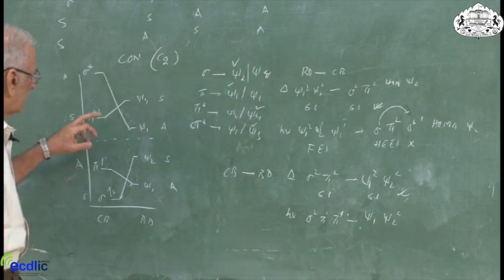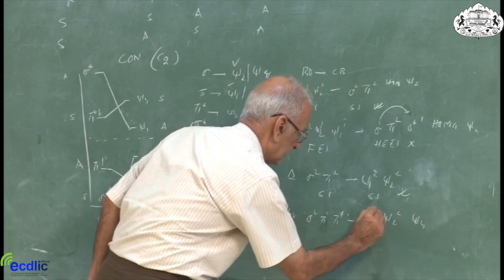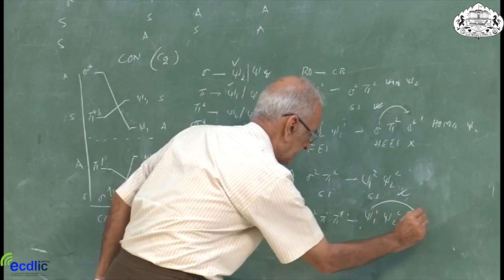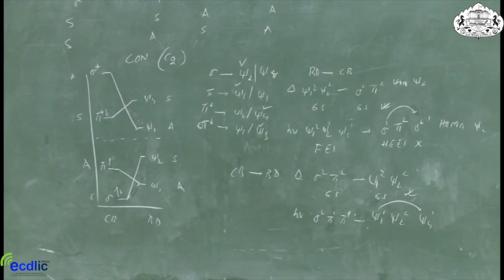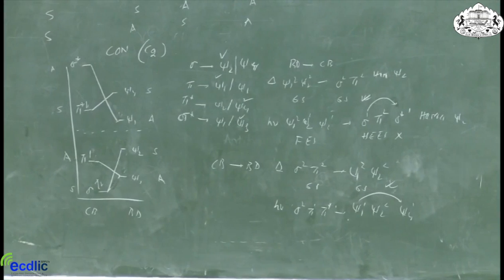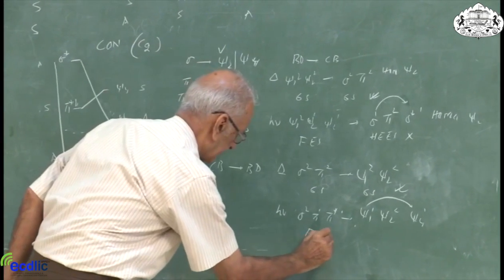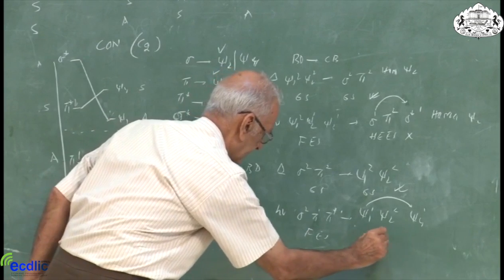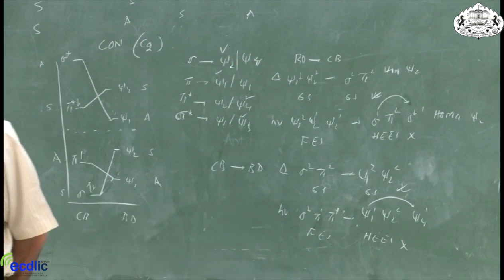And pi star 1 electron will go into psi 4. It is exciting psi 1 electron into psi 4. So, it is a high energy excited state. First excited state is high energy excited state. Therefore, reaction is disallowed.